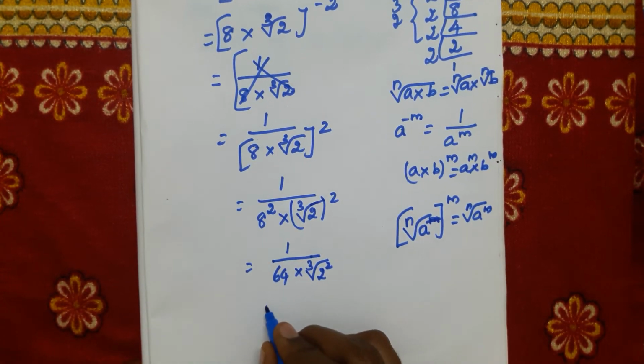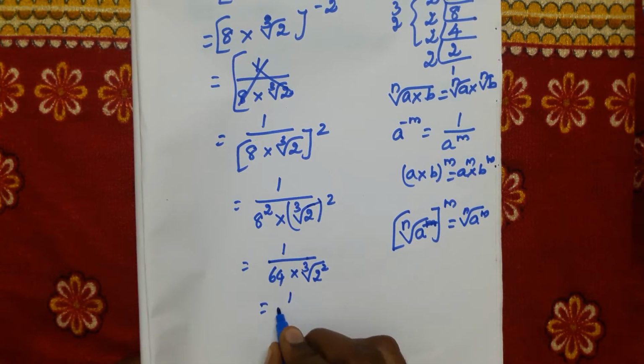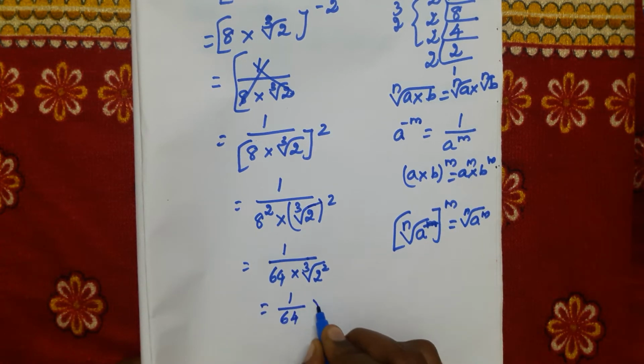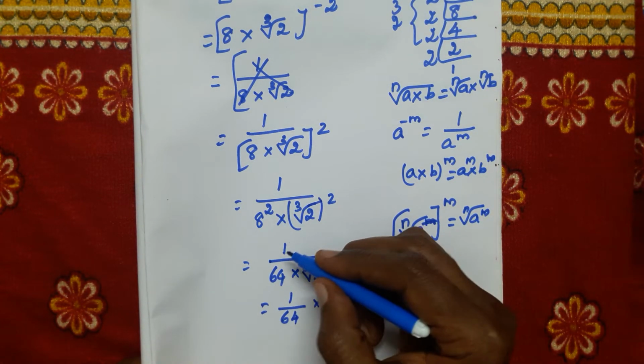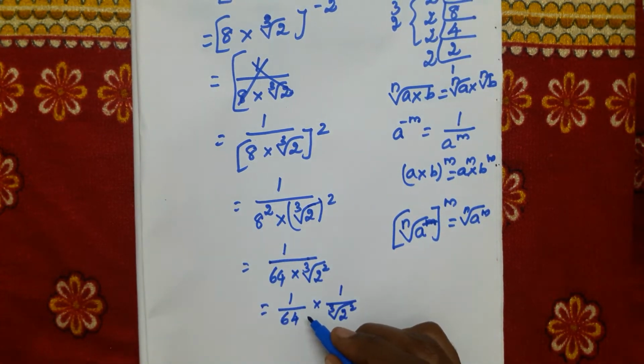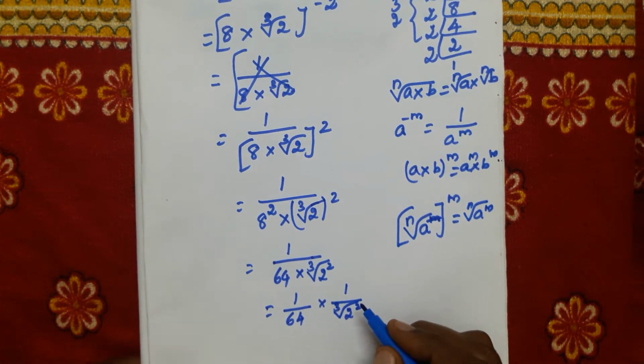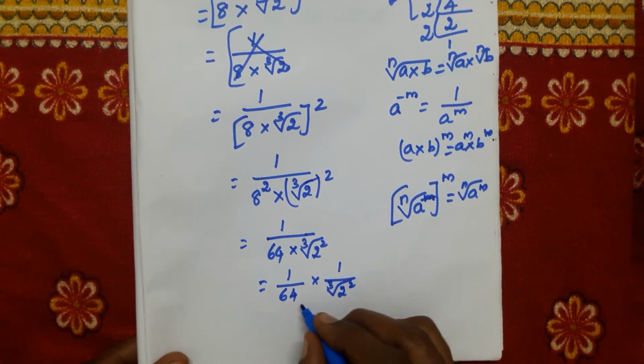It's equal to 1 by 64 into 1 by cube root of 2 square. Separately we are writing 1 by 64 into 1 by cube root of 2 square.